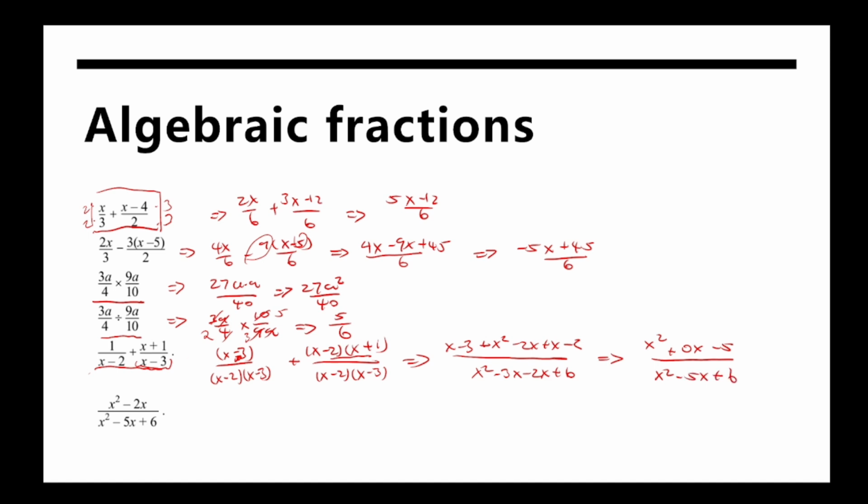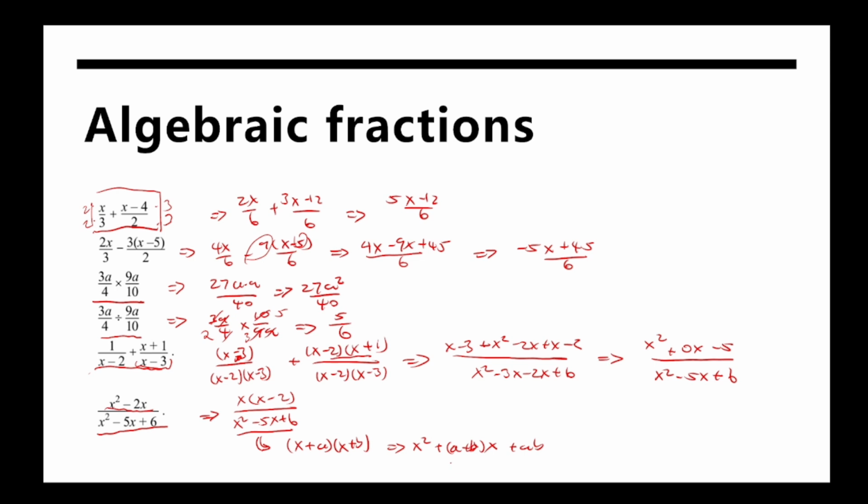And now the final term. We can do this by factorization. We can obviously see that the numerator is x times (x − 2), and the denominator x² − 5x + 6. We already know that this is in the form of (x + a)(x + b), which is x² + (a + b)x + ab.